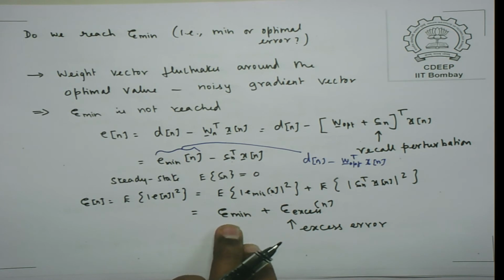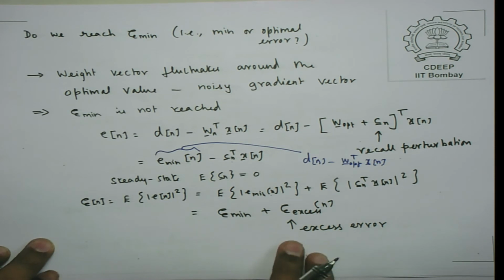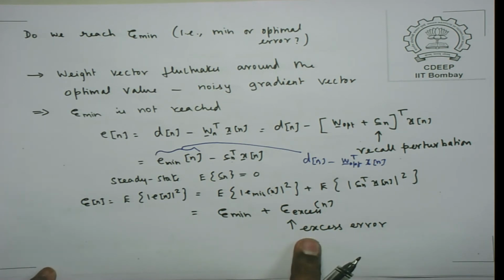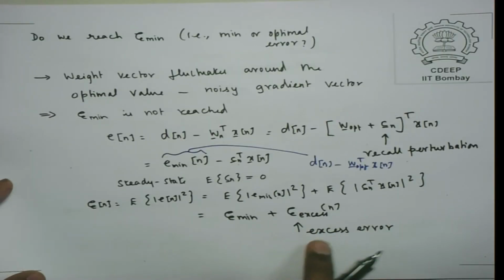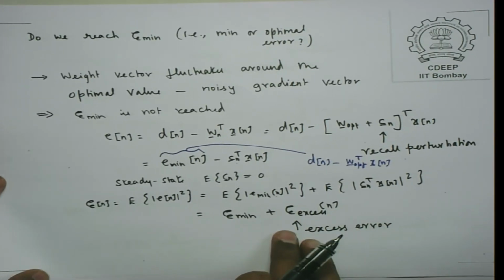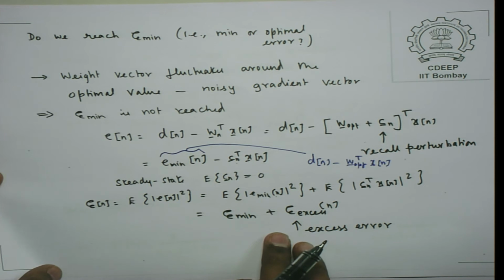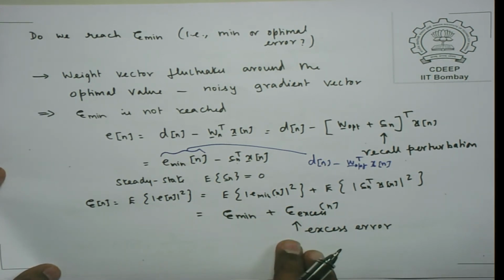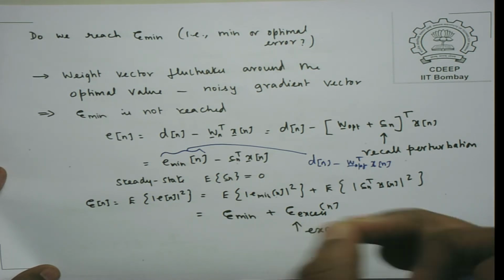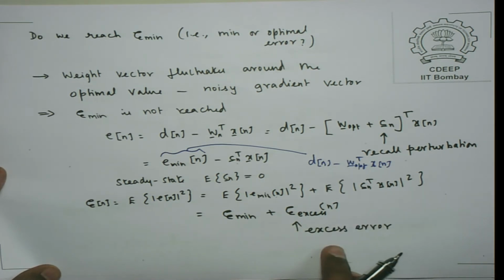So we should always make sure that this excess error is also small, not just that the minimum error is minimum. This is again one important behavior which can be seen more effectively in simulations of the LMS algorithm. As I mentioned earlier, I will probably provide some Python simulations which show how the LMS behaves with respect to changes in mu, the choice of the initial value, and how it converges either slowly or fast depending on your choice of mu.